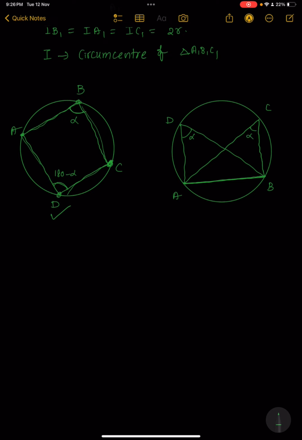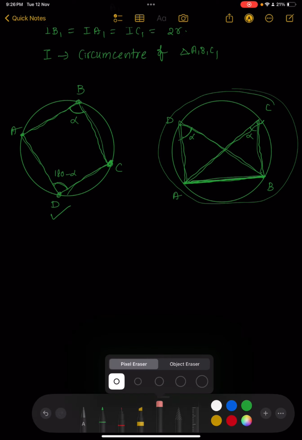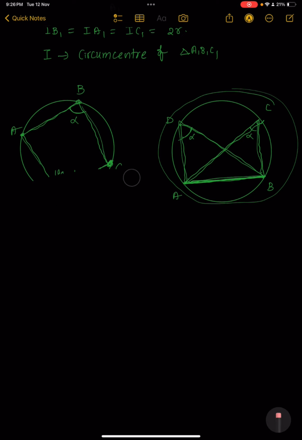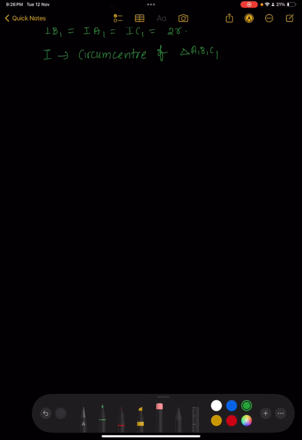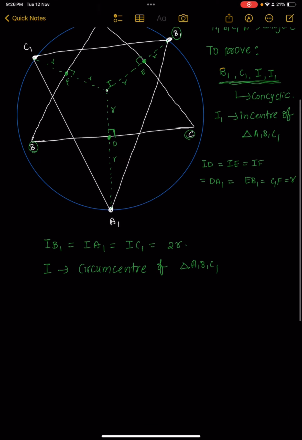So in any question, if we are able to prove that a chord subtends equal angles at two different points, then we can conclude that those 4 points are concyclic. With this information, let us proceed and solve the question. We will use this second technique in this question.